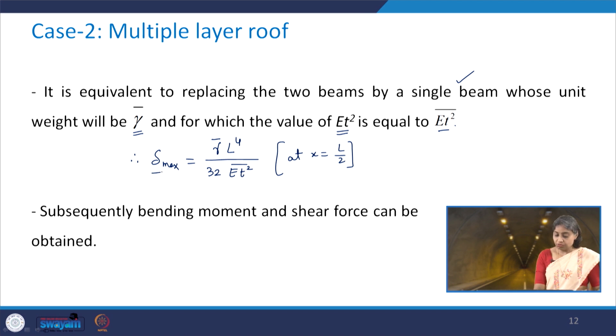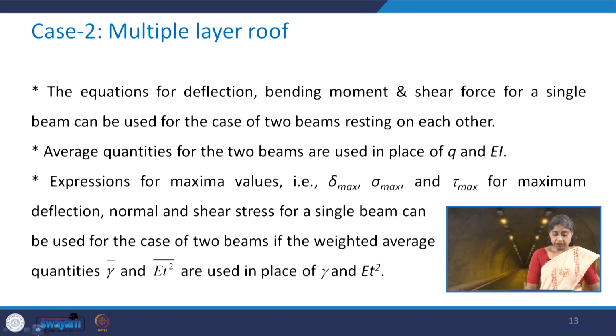And once you know this delta max, subsequently you can obtain the bending moment as well as the shear force at any location x in the beam all along its length. Now the equation for the deflection, bending moment and shear force for a single beam can also be used for the case of two beams which are resting on each other.